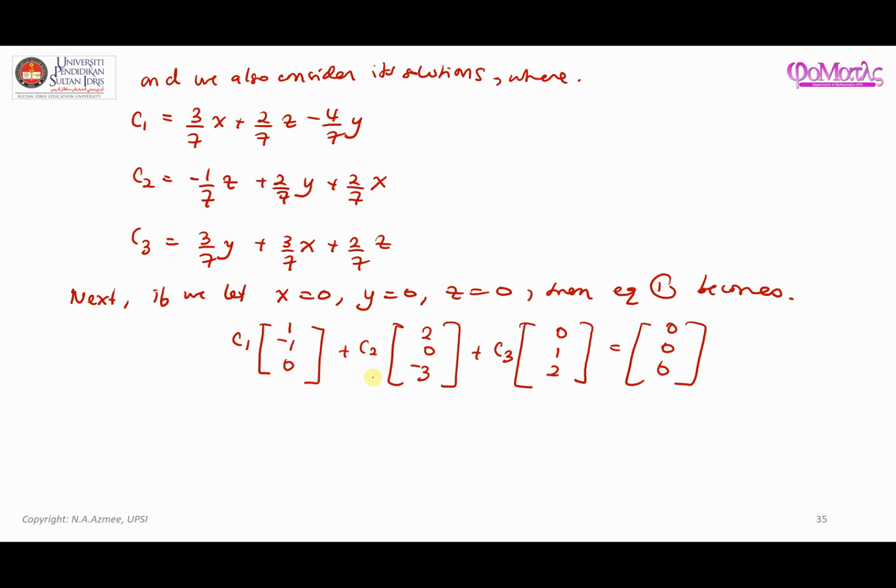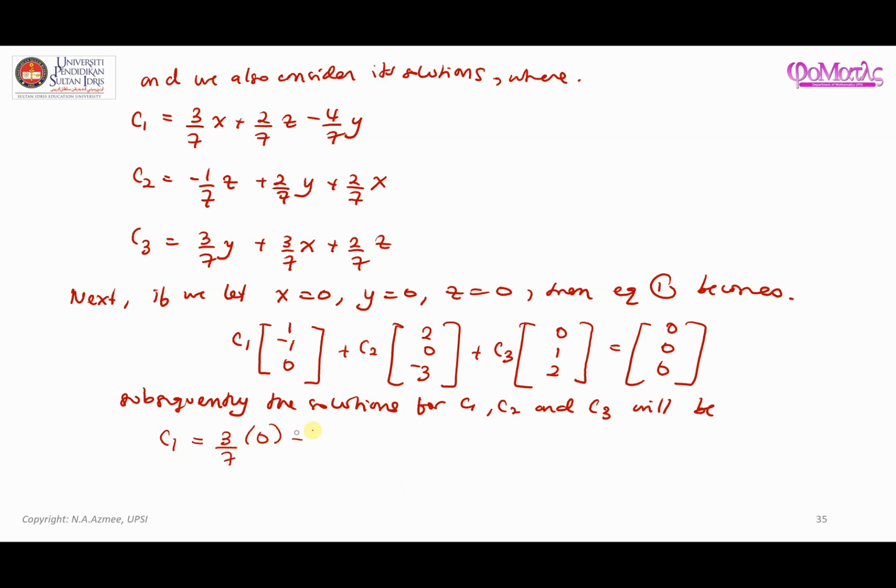So subsequently, if we let x, y, z equal 0, the solutions for C1, C2, and C3 will be: C1 is 3 over 7 times 0 plus 2 over 7 times 0 minus 4 over 7 times 0, which is equal to 0.